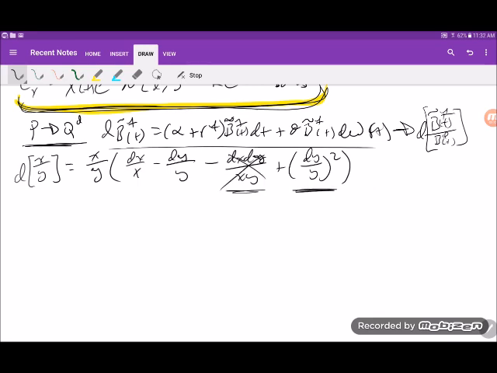Well, remember the Ito multiplication rules: any dt squared terms are 0, any cross terms are likewise 0, and if you have a dW squared term, that becomes a dt.